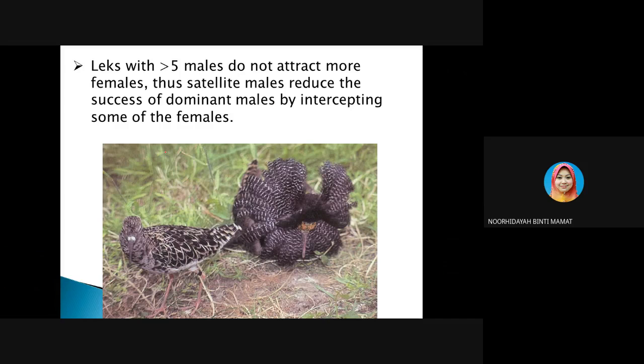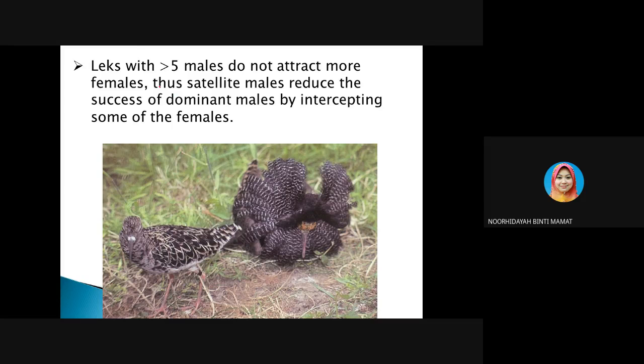These satellite males reduce the success of the dominant males by intercepting some of the females. The satellite males always maintain a low profile. They do not attempt to attract the females for mating by using mating displays like the attractive males, but they may ambush the females who have been drawn by the dominant males in order to mate with the female, normally secretly.